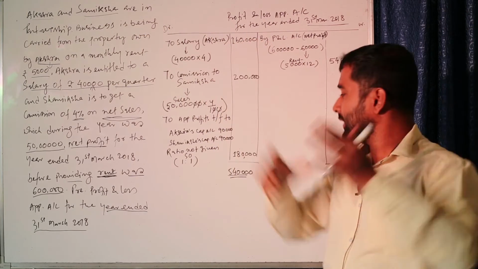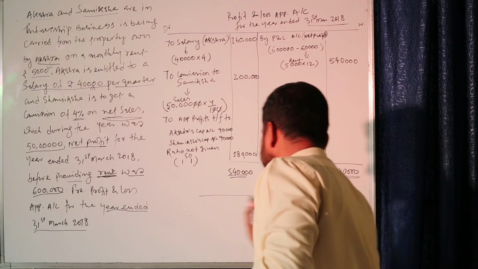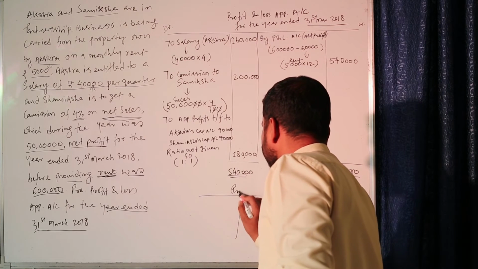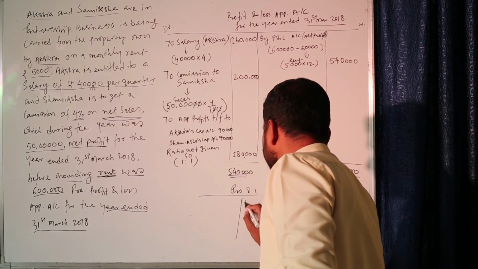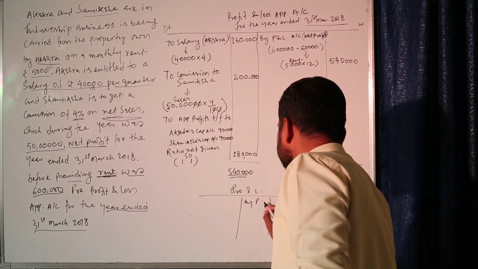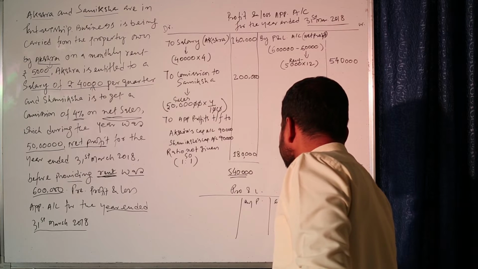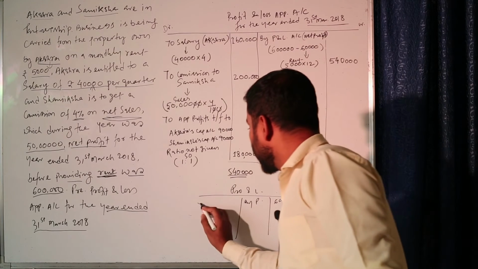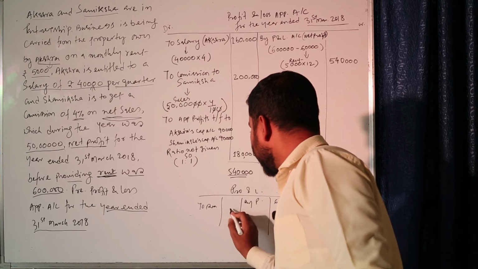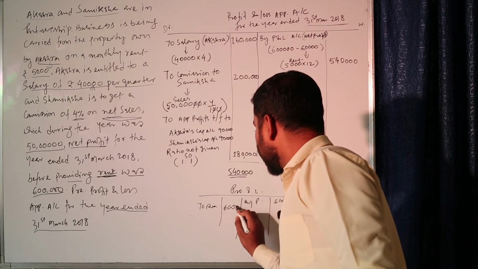On the credit side of the profit and loss account, I am writing by profit, 6 lakh, and again I am subtracting the rent, that is 60,000.